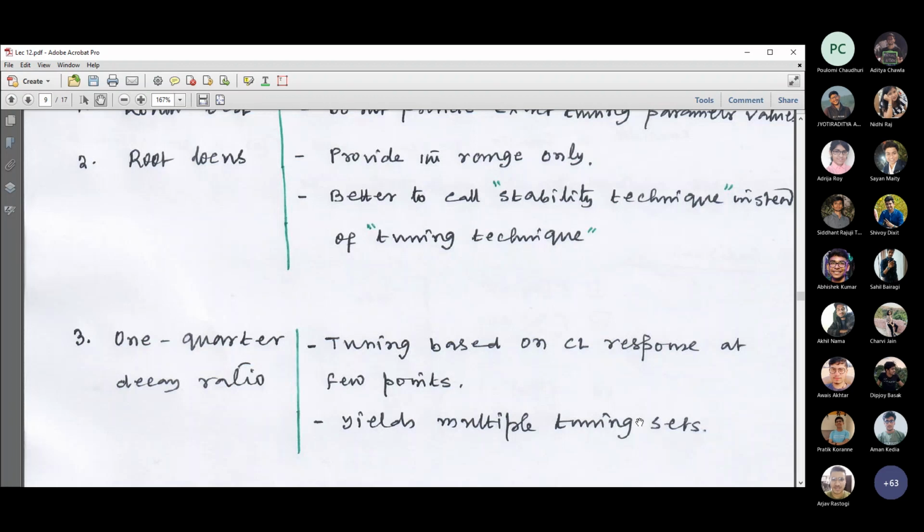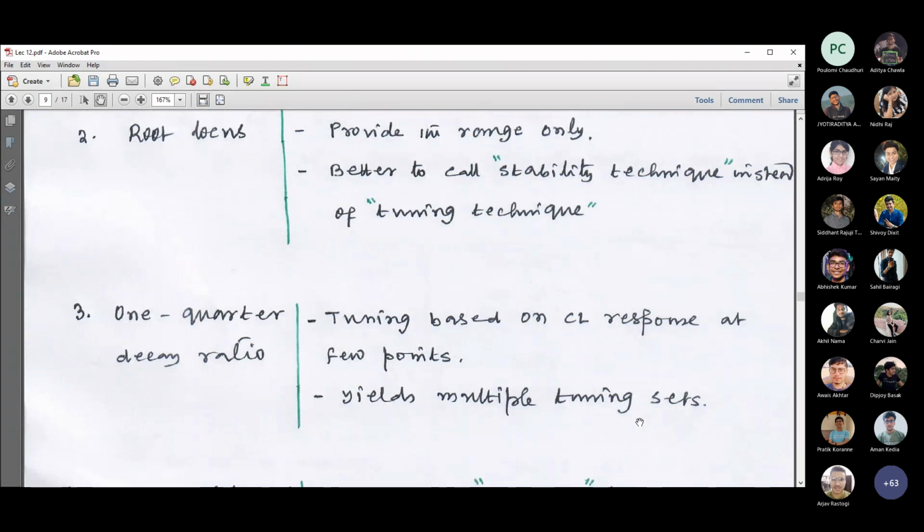There is no clear-cut guideline for selecting among them. In fact, I have also mentioned 2 other drawbacks. I have mentioned today a total of 4 drawbacks, so you can put all 4 drawbacks here.